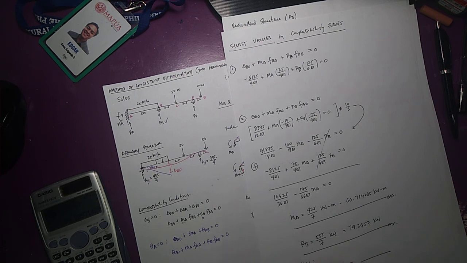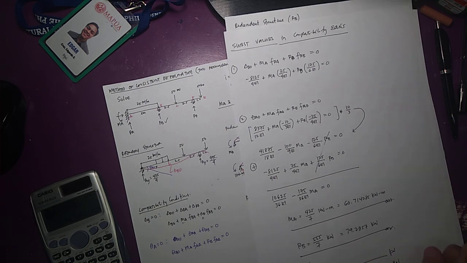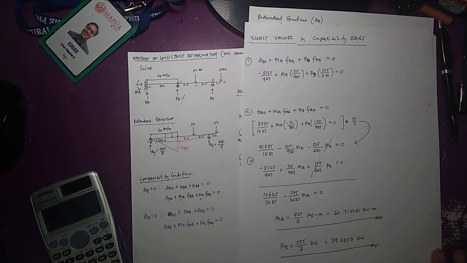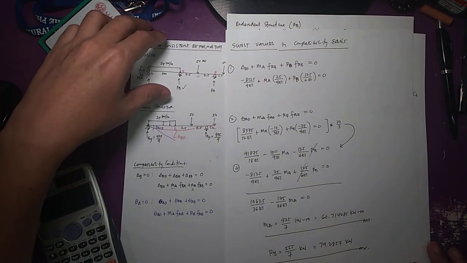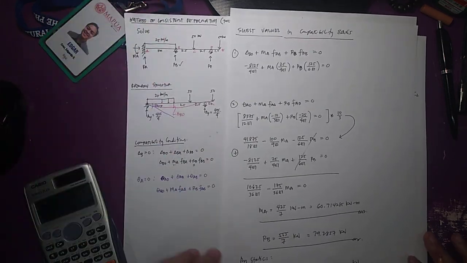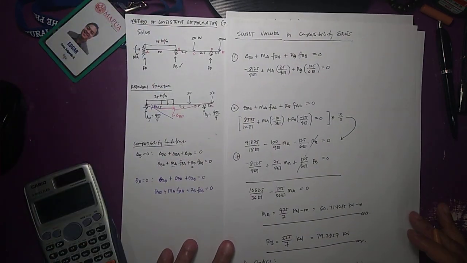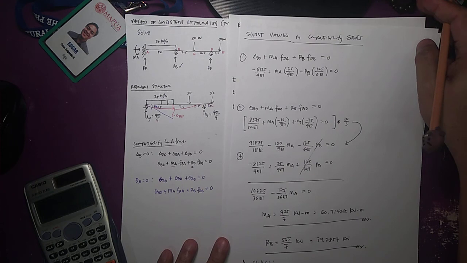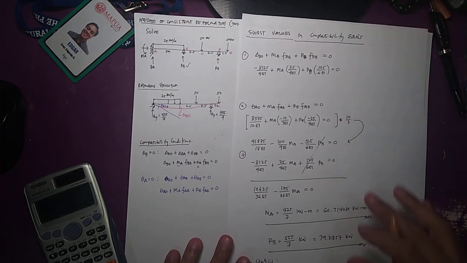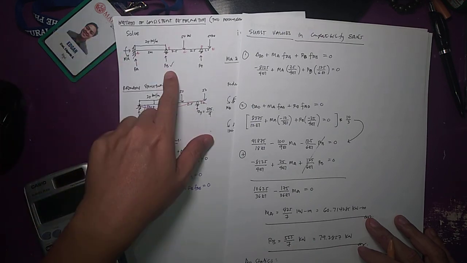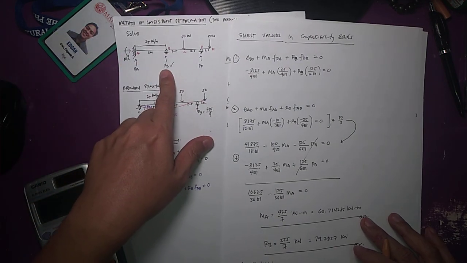Then if you sum vertical forces equal to 0, you could solve for RA. And that would be our final answers. I hope you learned something from this long solution. So this would be the solution for this problem using the method of consistent deformation. Thank you.